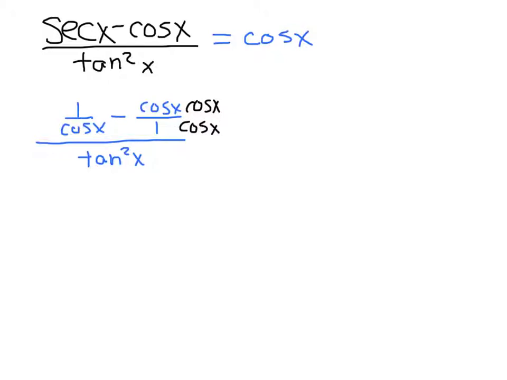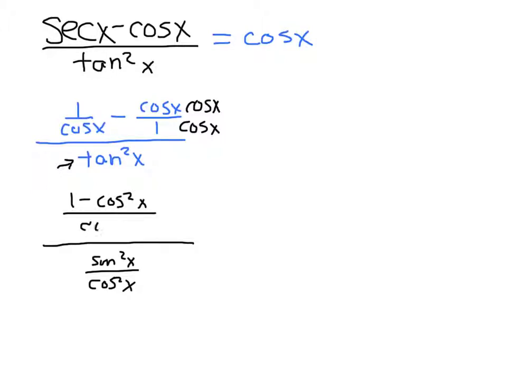So now when I add fractions, I add the top, keep the bottom the same. And as long as I'm getting it into sine and cosine, I think I'm going to turn that tangent into sine squared x over cosine squared x and see if that helps at all. On the top, I've got 1 minus cosine squared x over cosine of x.